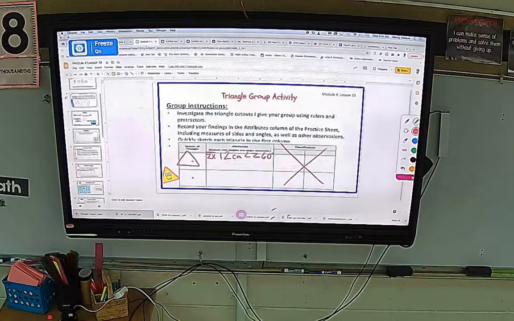Or take turns with the angles. Ishmael, take turns measuring.